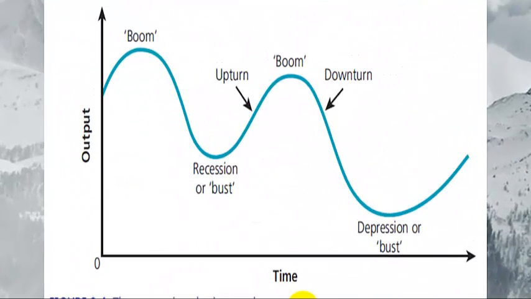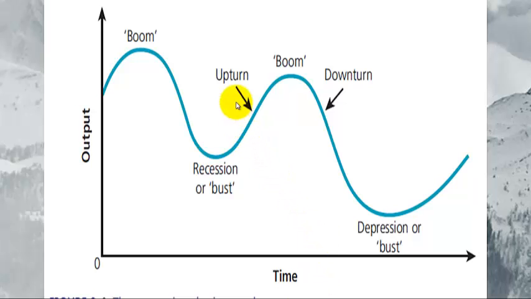Now, we must be able to work out the breadth of the economic cycle, or the economic cycle itself. What it does, it measures economic activity over time. So output is the amount of goods and services produced in a whole economy over a period of time.